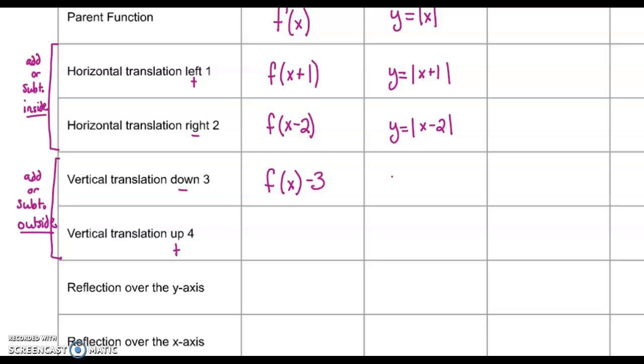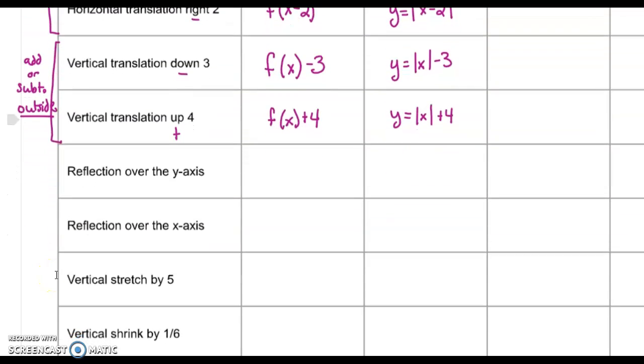If you wanted to write that as an absolute value, it'd be y equals the absolute value of x and then minus 3. So the minus 3 occurs outside of the absolute value. Up is plus, so f of x plus 4 means up 4. So y equals the absolute value of x and then plus 4. That means up.